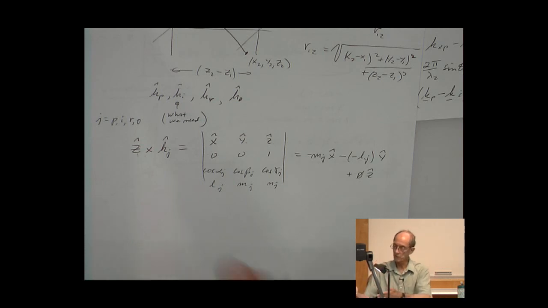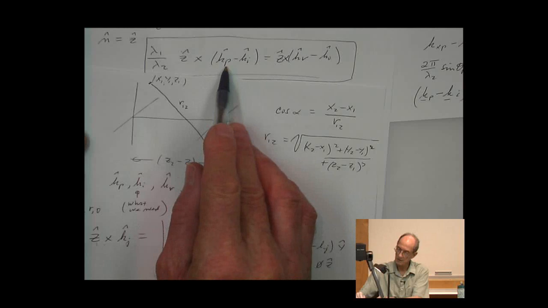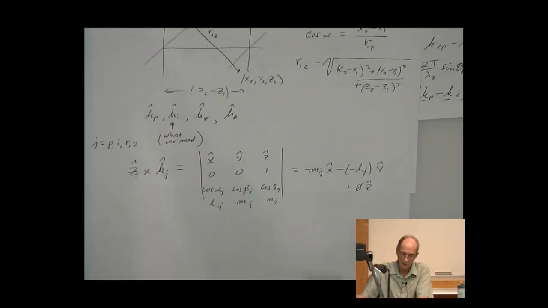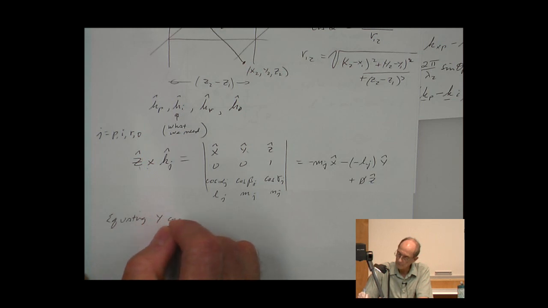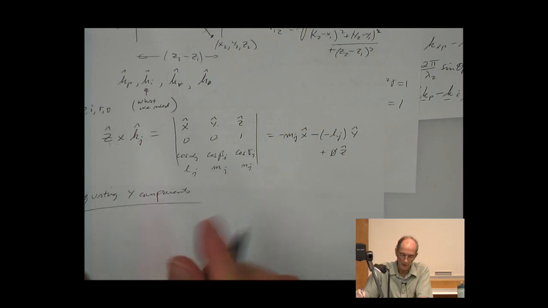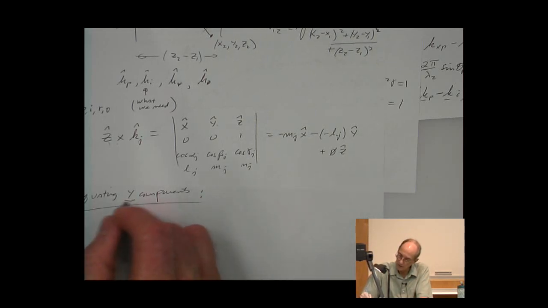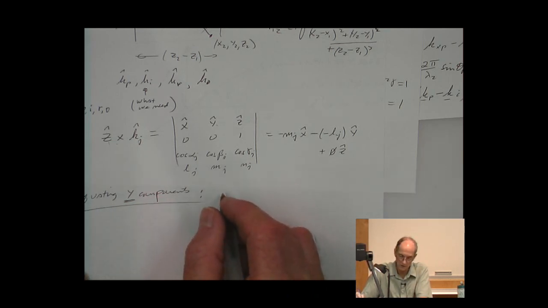So we go through this, right? We're going to have x components and y components for each of these, p, r, o, and i. And if we equate the y components from this process, we end up with the following. Notice that using the y components, we end up with the L's, which are the x projections.